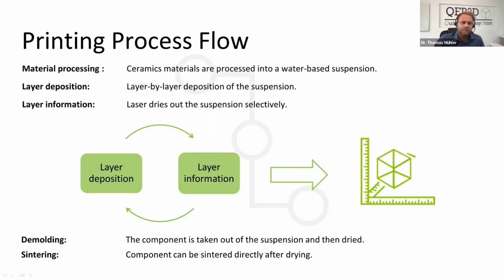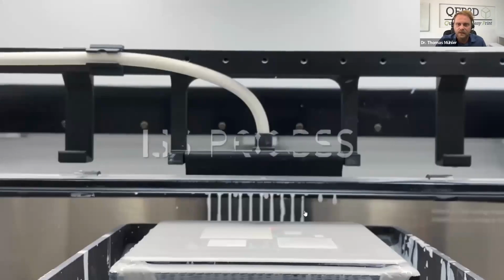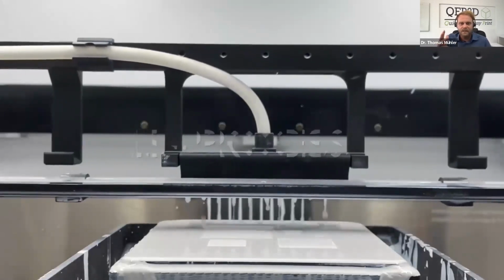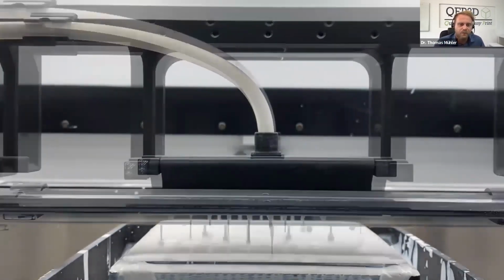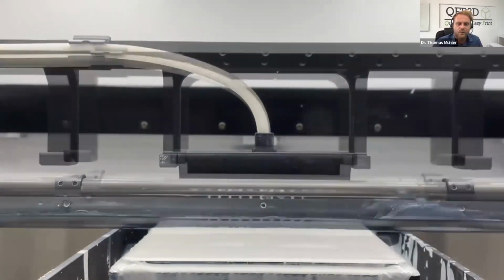To get a better visual image of the process, I will show you a short video. Let's start. The suspension is deposited onto the build platform, and the doctor blade smooths the layer.